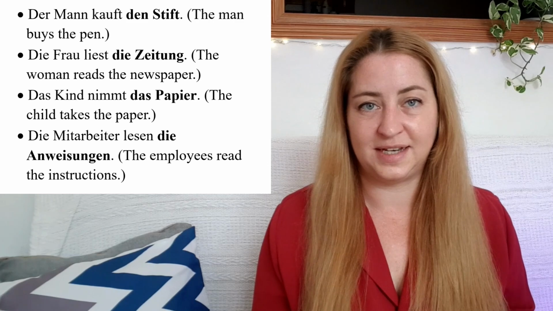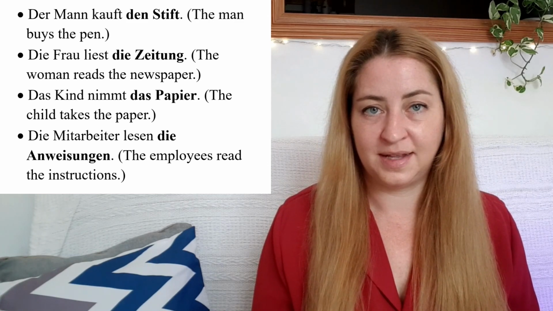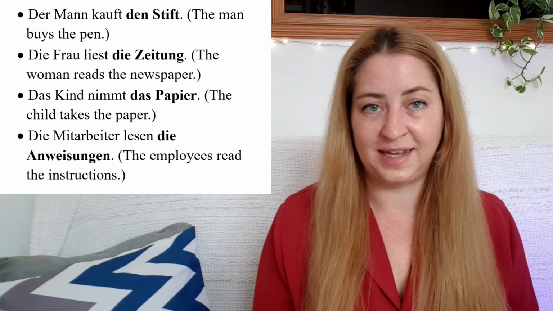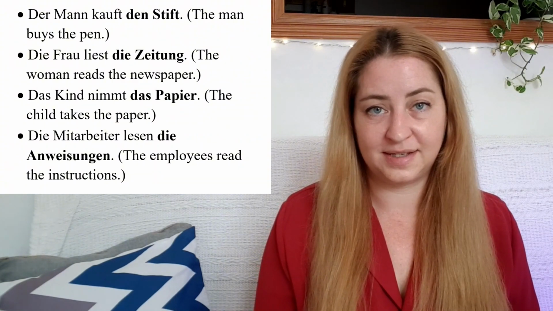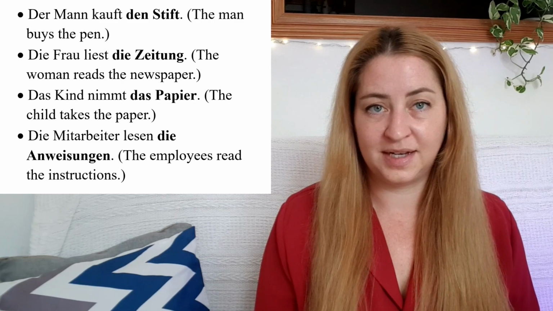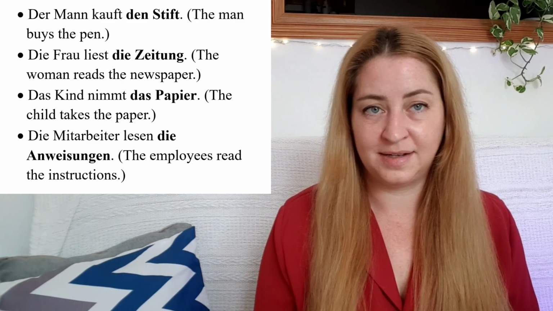Let's look at a few more sentences with definite articles. Der Mann kauft den Stift. The man buys the pen. Die Frau liest die Zeitung. The woman reads the newspaper. Das Kind nimmt das Papier.